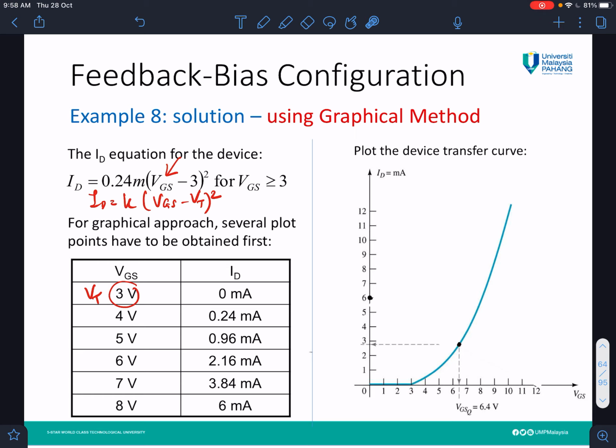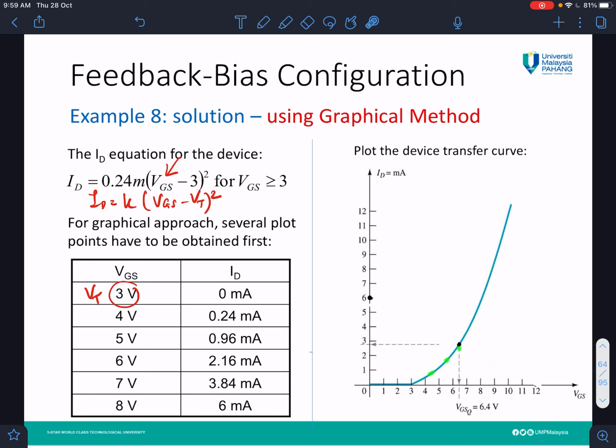And then you insert 4 volt for the VGS, you get ID equal to 0.24, somewhere around here. And then 5 volt VGS gives 0.96, so it keeps increasing. 6 volt VGS gives 2.16 ID, 7 volt VGS gives ID 3.84, and 8 volt VGS gives ID 6 milliampere.